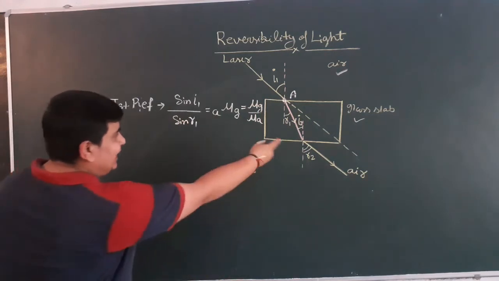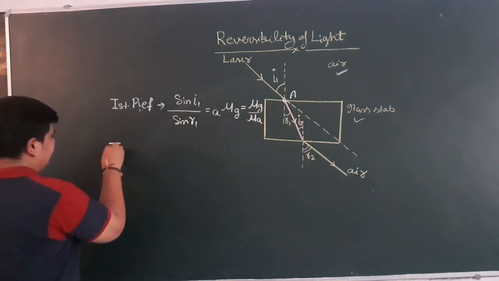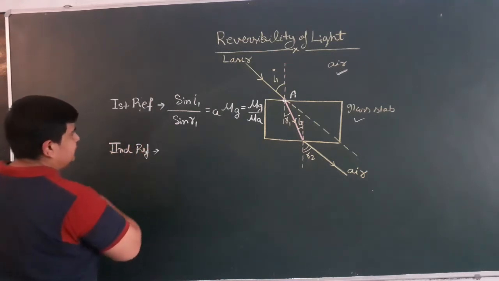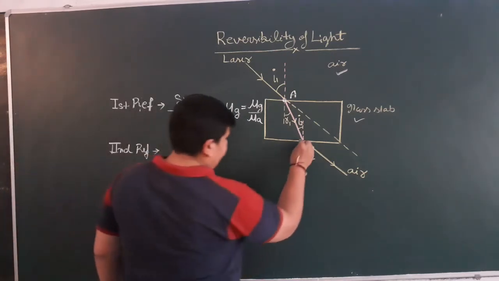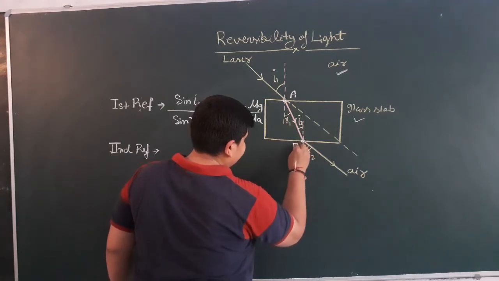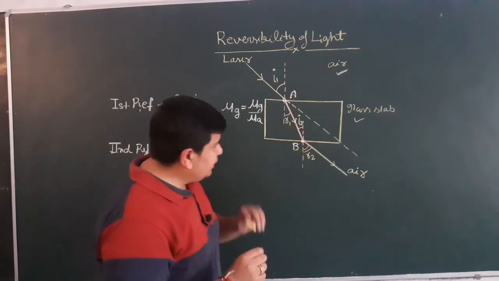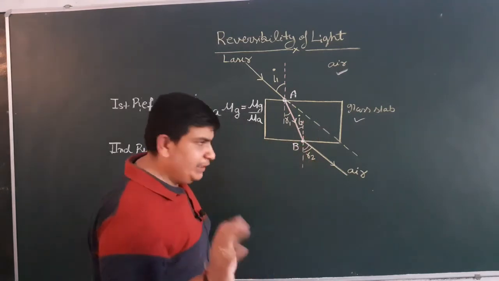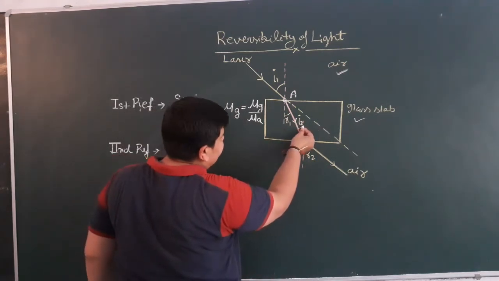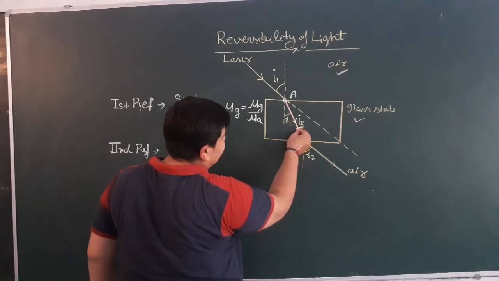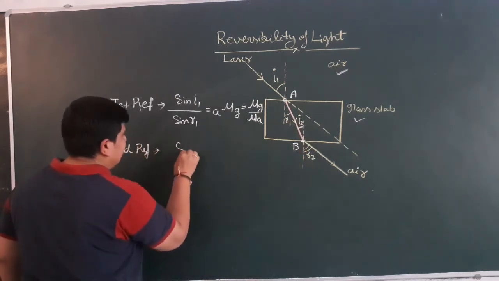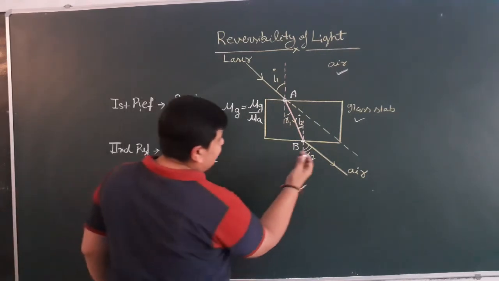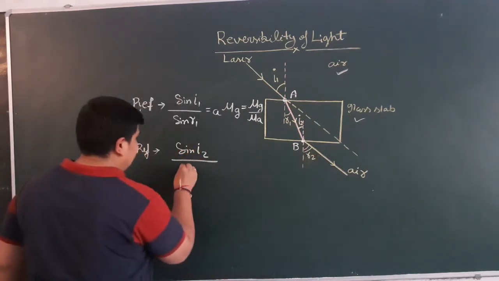Now for the second refraction, at point B, you clearly observe that light is now coming from glass to air medium. The incident angle is I2, so that is sin I2, and the refractive angle we take as R2, so sin R2.